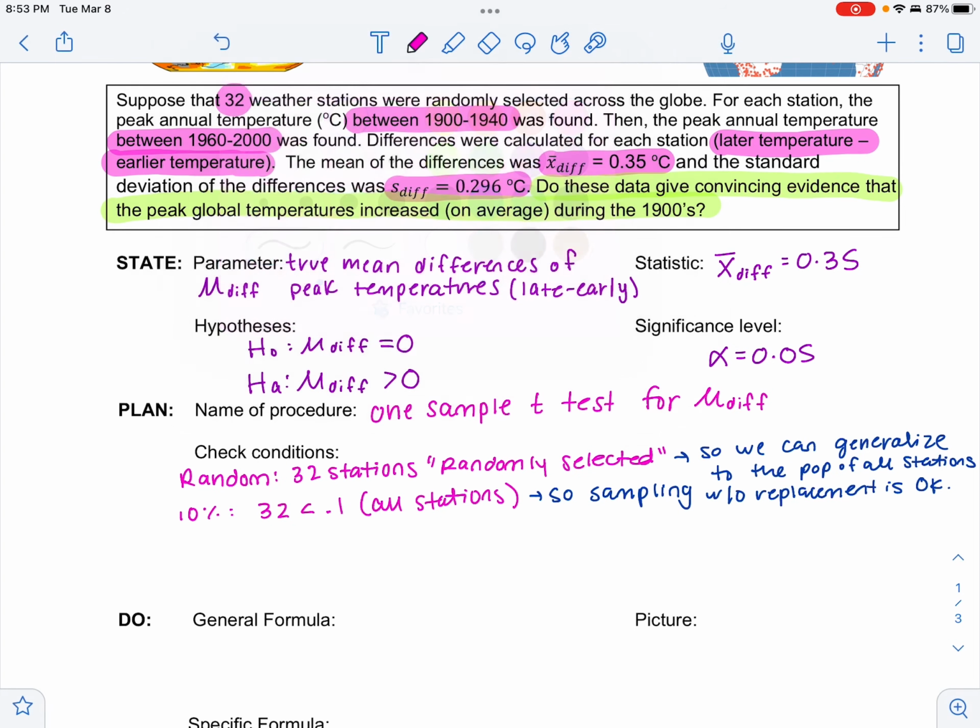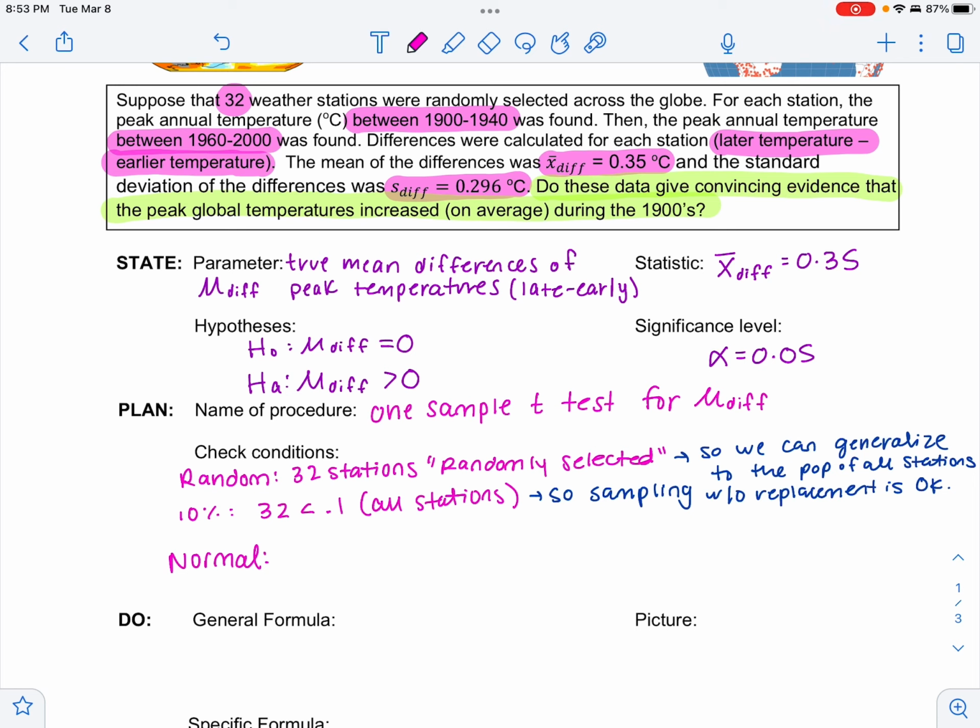And the last one is testing if this is normal. And so for normal, we could do 3 things. First off, if the problem told us that the population was normal, which it does not, so we can't do that one. The second one is by the central limit theorem, if our sample size is large enough, and large enough has been set at 30 or more.